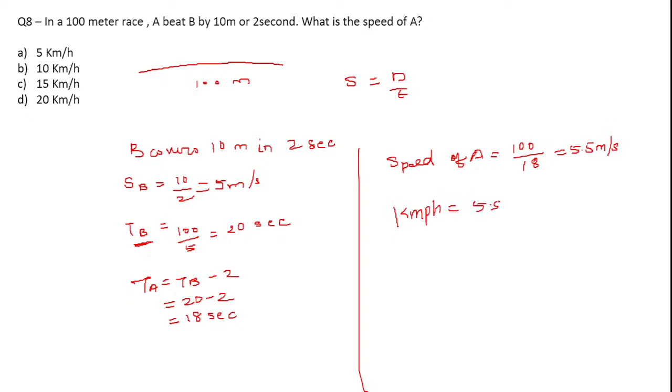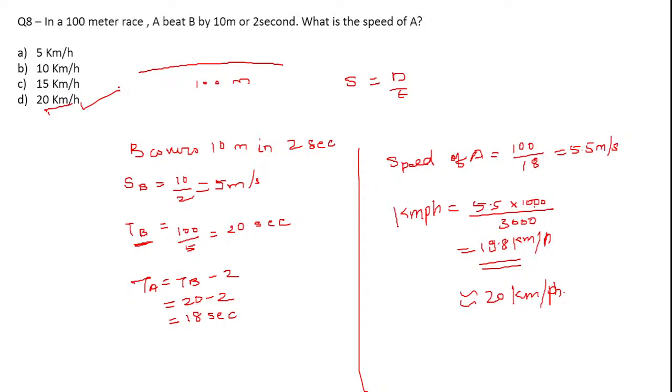So 5.5 times 1000 upon 3600 gives us around 19.8 kilometer per hour. We can suppose this is close to 20, so we round it to 20 kmph. Okay, so that's why our answer D is the correct one.